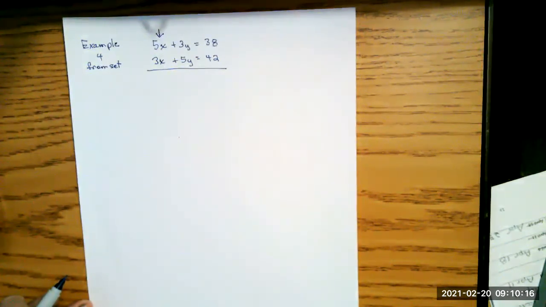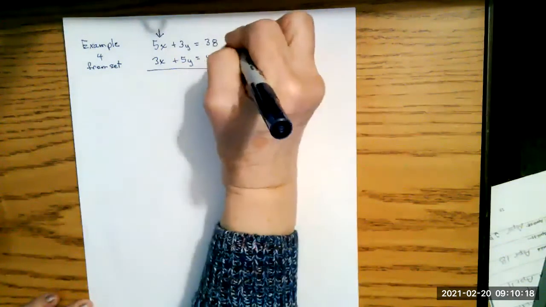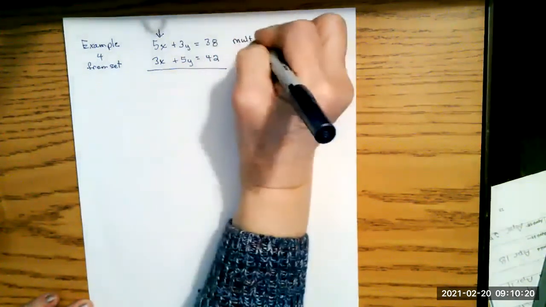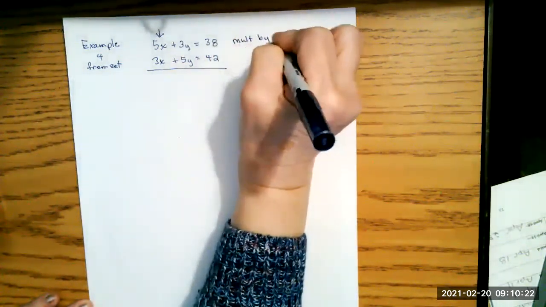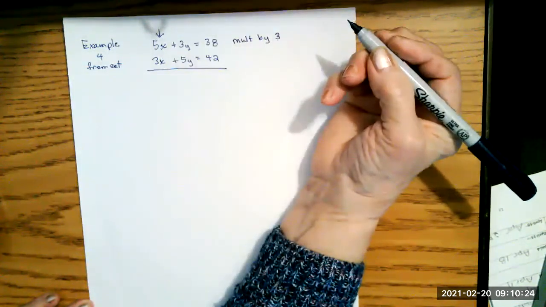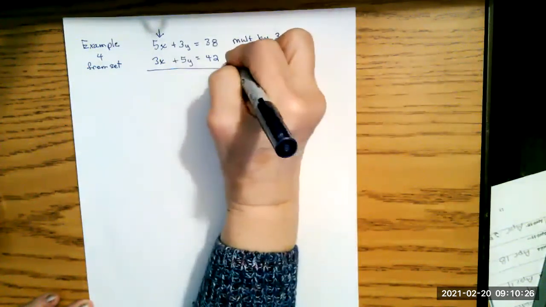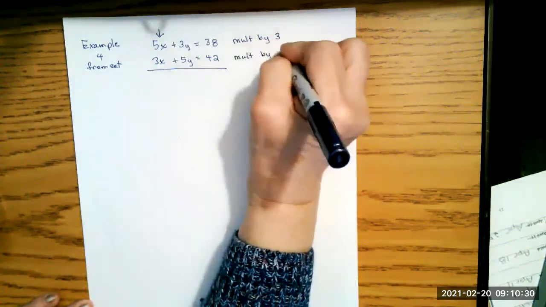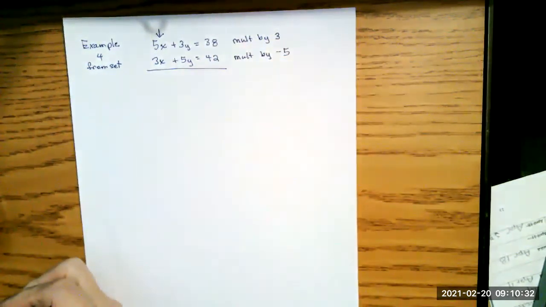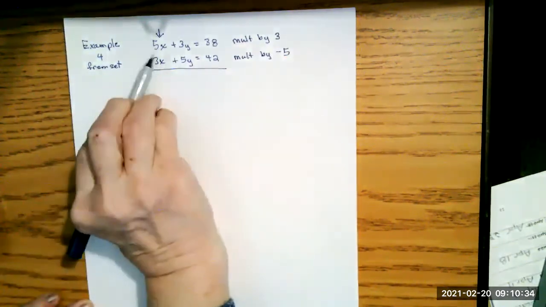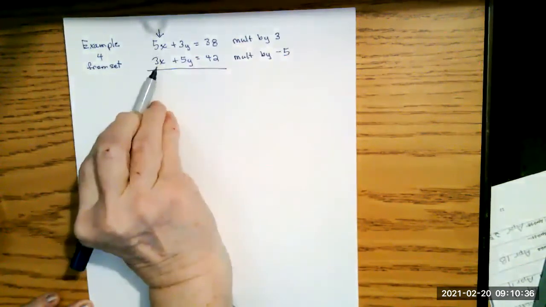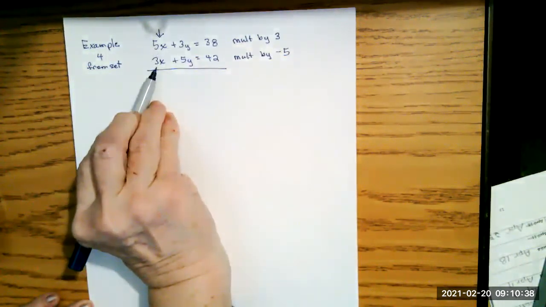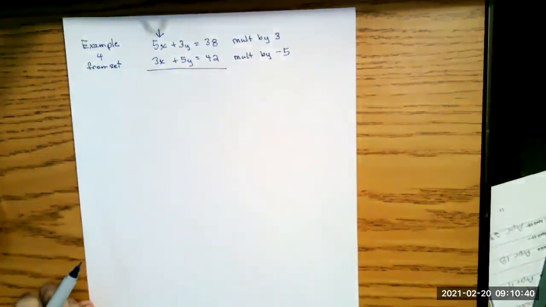I can see that if I multiplied this first one by 3, and the second one by negative 5, I would have a 15x in the first one and a negative 15x in the second one, and it would eliminate my x's. So that is my strategy for this problem.